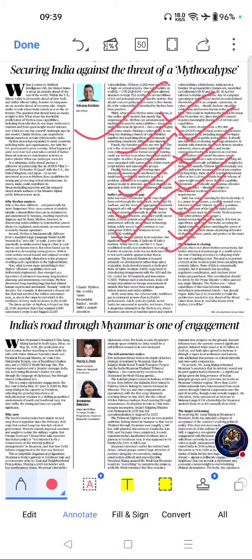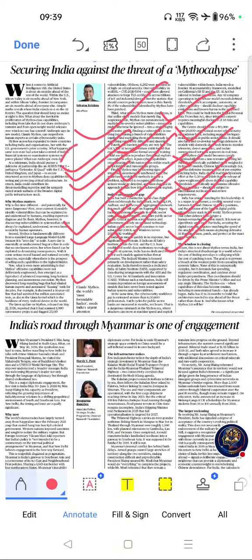Key themes related to this topic are artificial intelligence, generative AI, cyber security, zero-day vulnerabilities, AI safety institutions, digital public infrastructure, AI governance, and data protection. These are the key themes related to this topic.